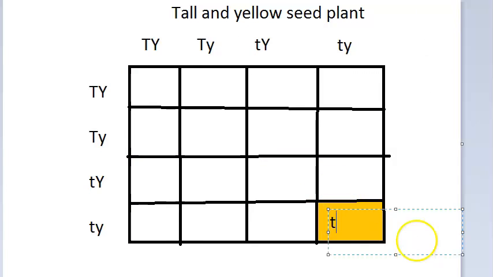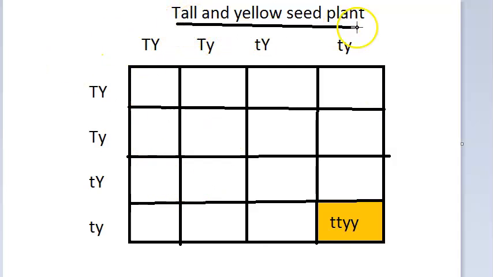You will get small t, y, y. Now you cross the same plant with itself, and you can get short and green seed, though you have crossed a tall and yellow seed plant, because the recessives have come together. Tall and yellow are two different phenotypes. They are controlled by their own genotypes and they can independently assort. That is the third law. This is a dihybrid cross, guys.